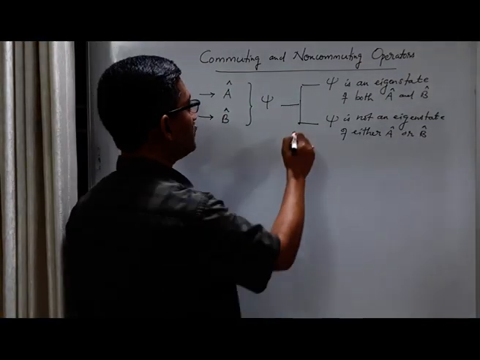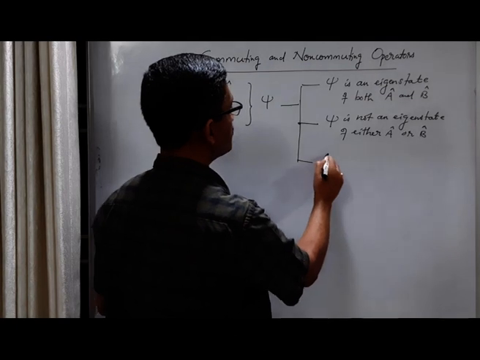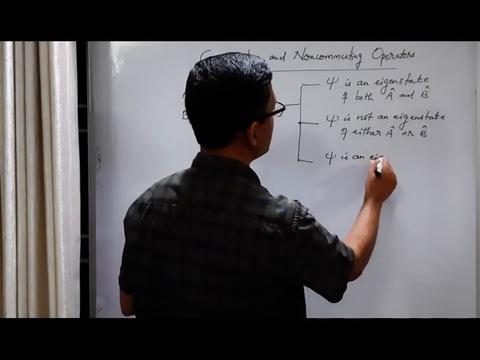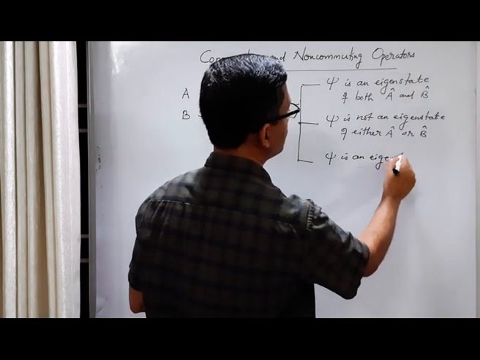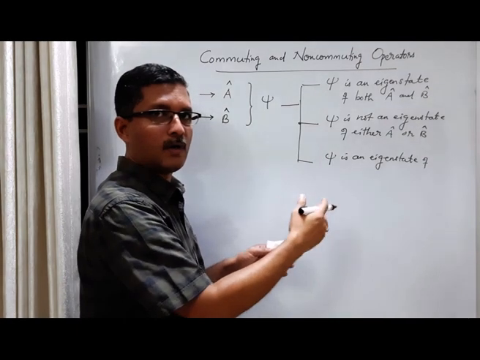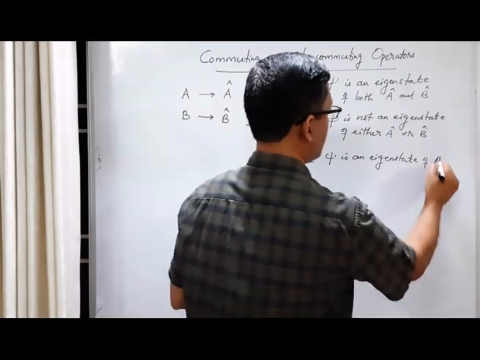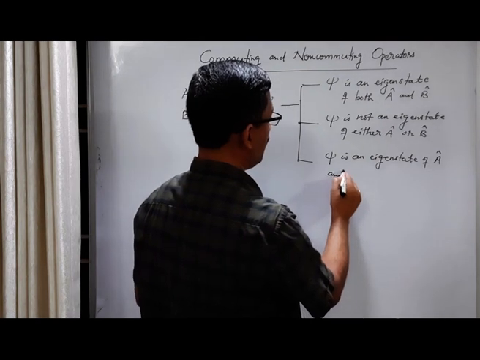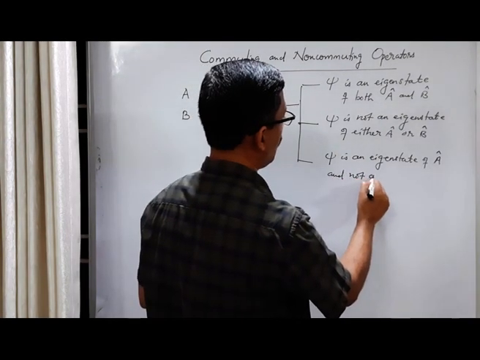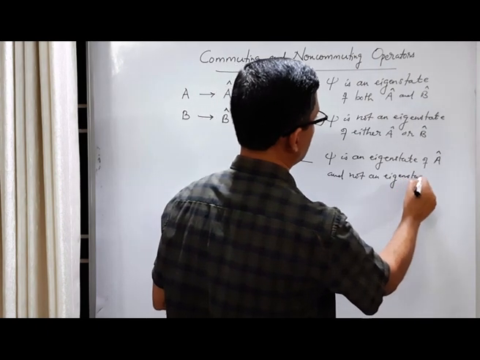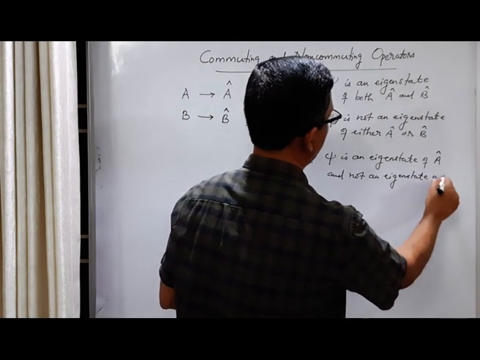Now there can be a third possibility, which is minor, that is psi is an eigenstate of one of them. Let us say A: psi is an eigenstate of A and not an eigenstate of B.